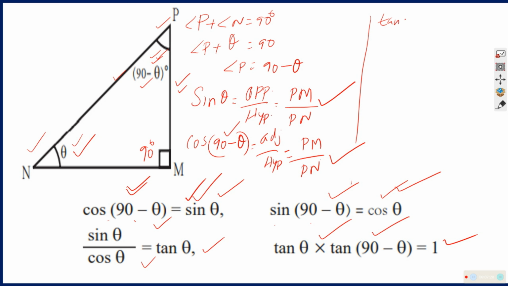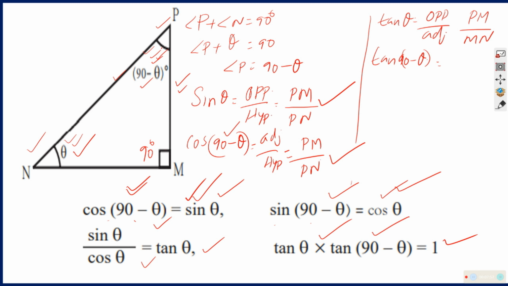Tan theta means opposite side upon adjacent side. So theta is this angle, opposite side is PM, and adjacent side is MN. Now tan 90 minus theta means we have to consider this angle, 90 minus theta.